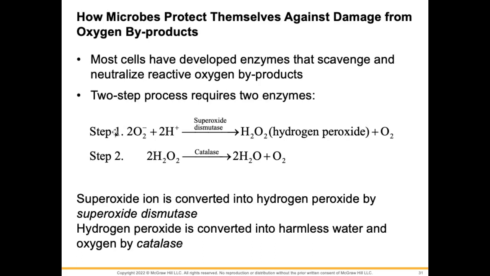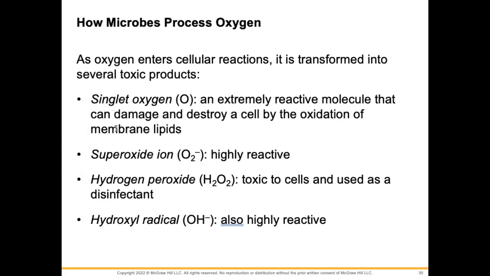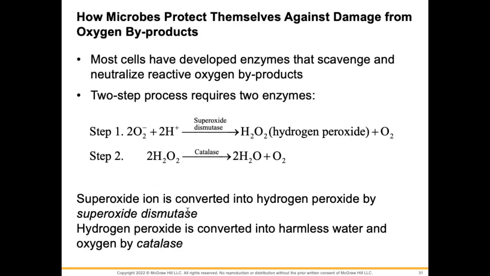I'm not going to ask you this right here. This hurts my head. I'm not a chemistry major, and I have no desire to be, and I'm not going to ask my students to be. So you don't have to worry about this, but you should be more concerned with what was on the last slide as far as these toxic byproducts, and how they are gotten rid of.